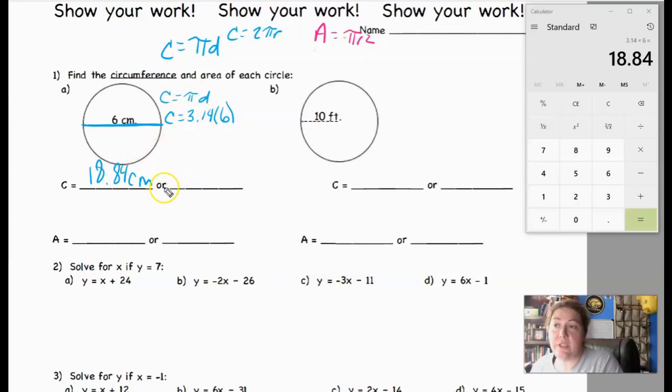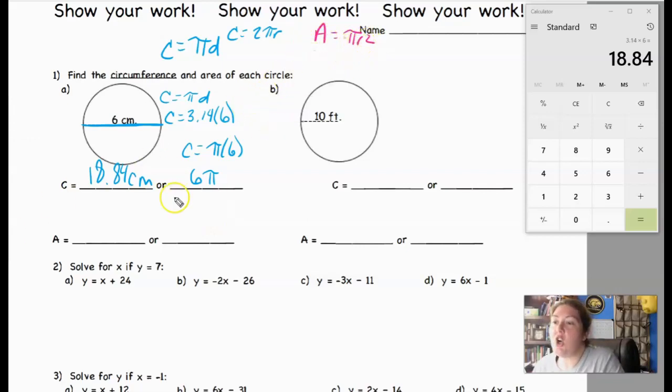There's another way that we can say this answer. We can say circumference equals pi times my diameter, which I know is 6. If I multiply them together without actually writing out pi as 3.14, I can just say 6 pi. Super lazy, but it's an okay answer. It's acceptable.